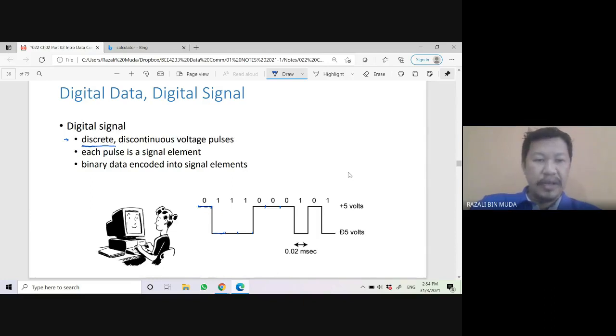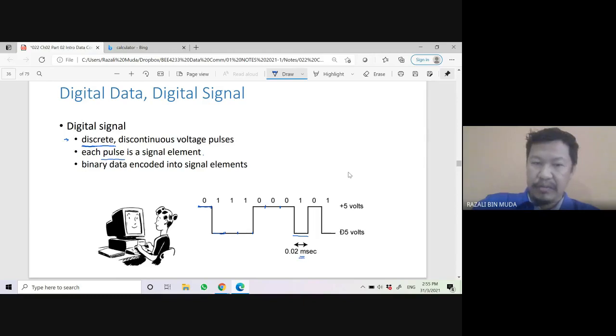Each pass is a signal element, so each signal element is represented by one pulse. For example, one pulse is 0.02 millisecond.